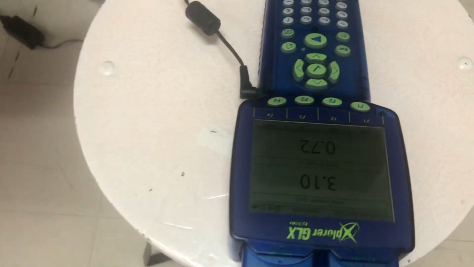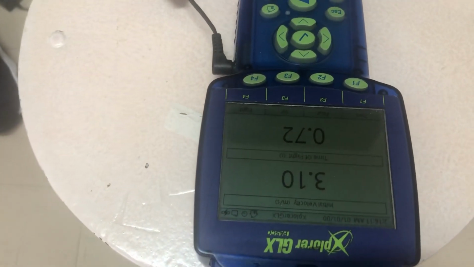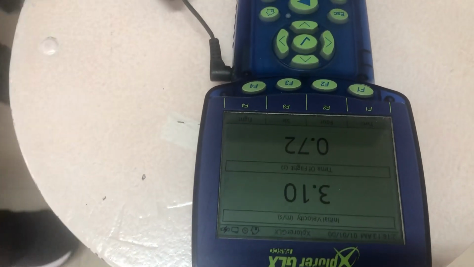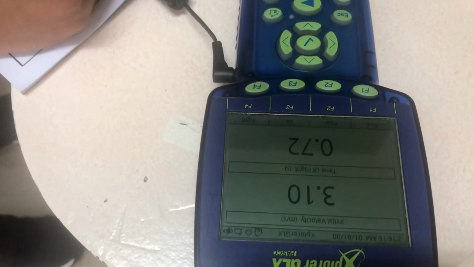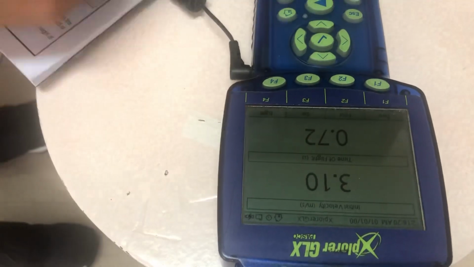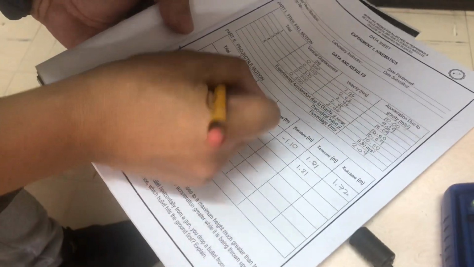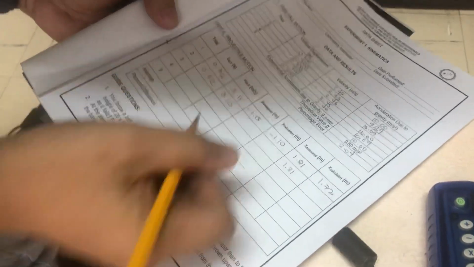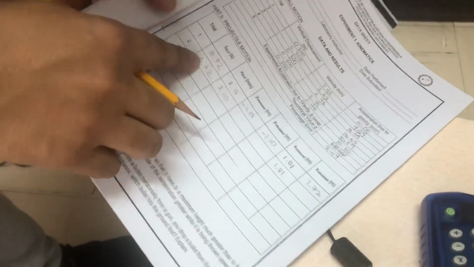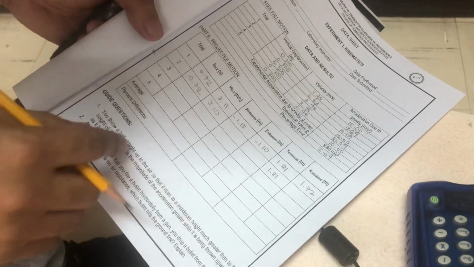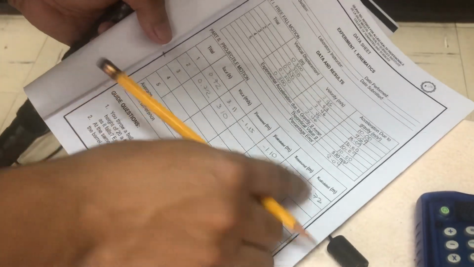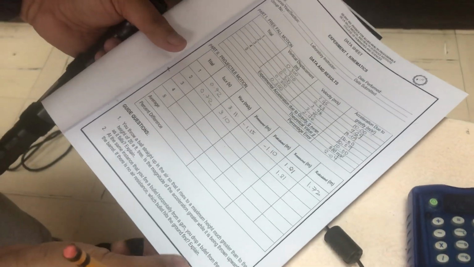And then for the data, this is also 1.81, and then we have 3.10 for the initial velocity, and for the time applied, that's 0.72. I will be collecting first the values of the data, and after that I'll be computing the y calculated and the x calculated.